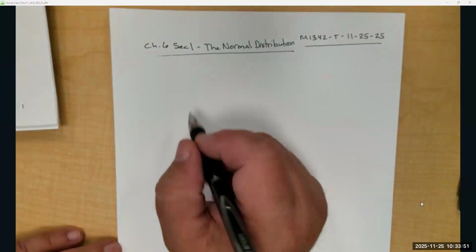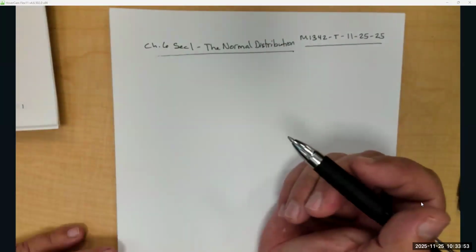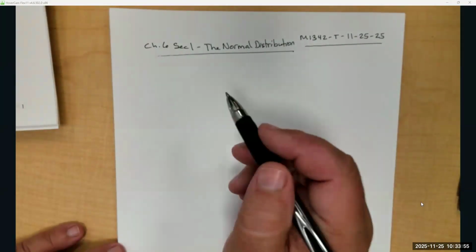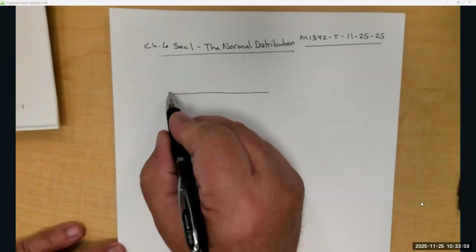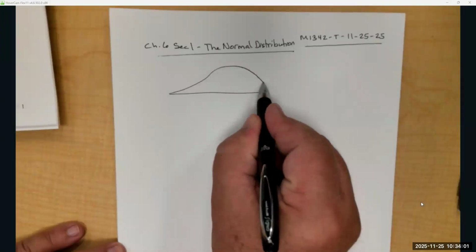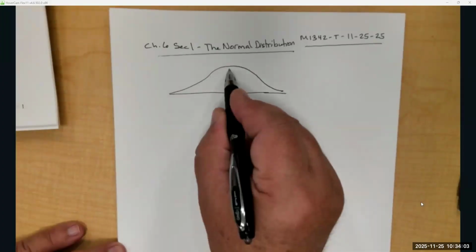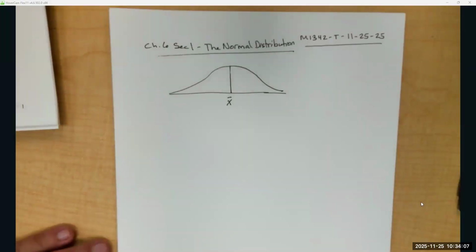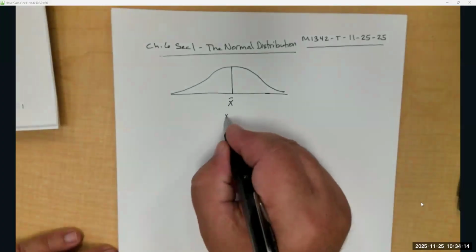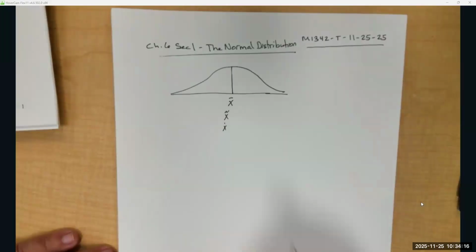So normal distribution, what does that mean? By normal distribution, we're saying that the data is normally distributed about the mean. That's what it tells us. And if it's really perfectly normally distributed, then the mean, median, and mode are all about the same point.